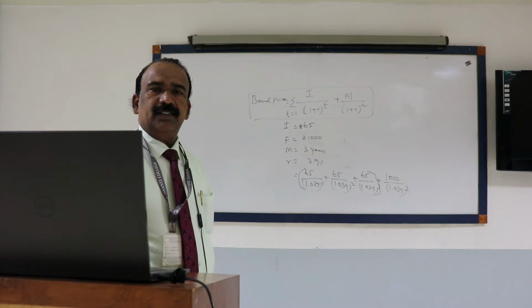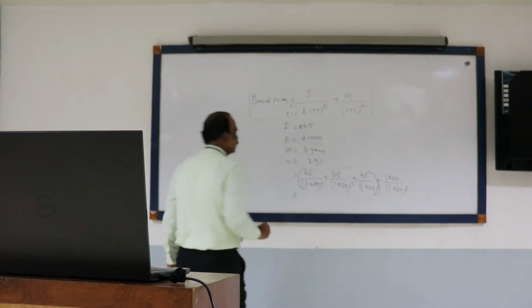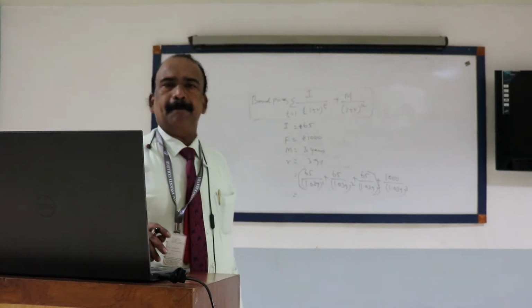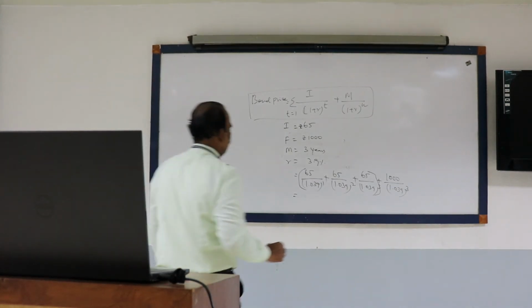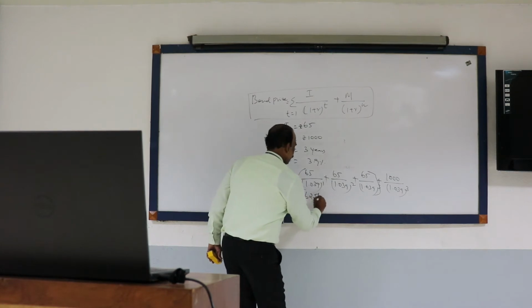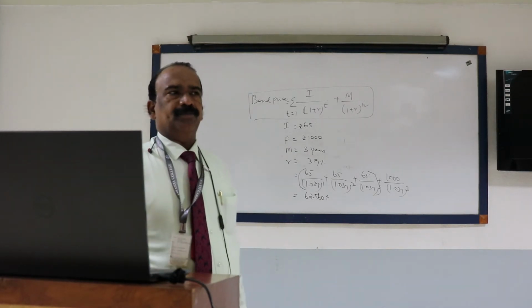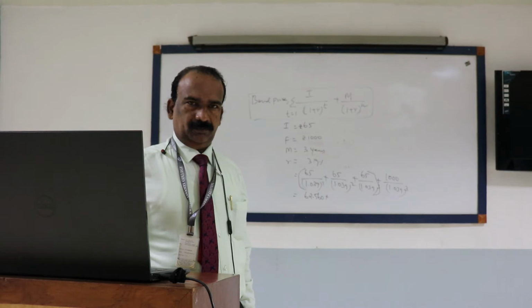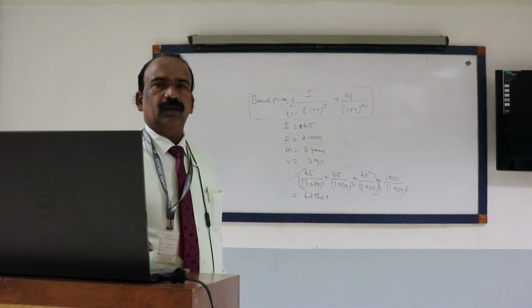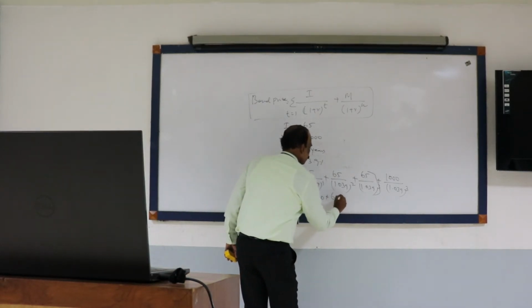65 divided by 1.039, anybody? How much comes? 62.56. Plus 65 divided by 1.039 power 2. How much comes? 60.24.